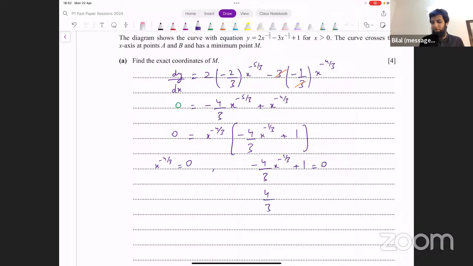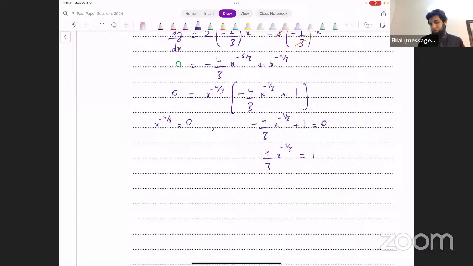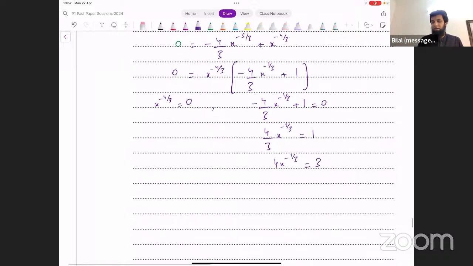So 4 over 3 into x power minus 1 over 3 equals 1. What we can do now is say it's 4x raised to the power minus 1 over 3 equals 3. If I take this to the right side, it will make the power positive, make things simpler.